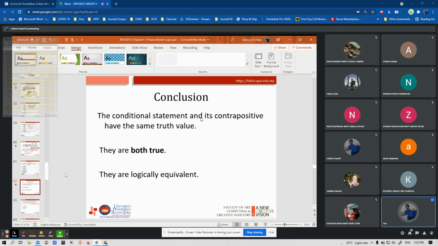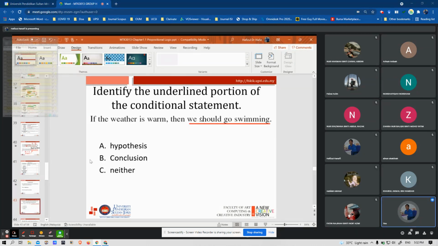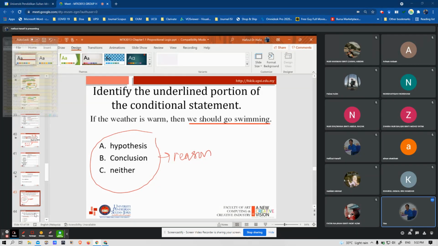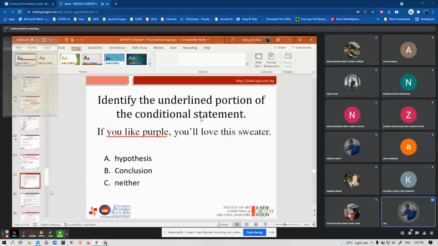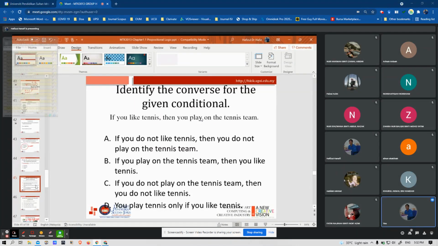Same goes here: underline the portion of the conditional statement. If the weather is warm, then we should go swimming. Please do either A, B, or C, and then give the reason. Same goes for identifying the underlined portion and the converse. This one is not meant for the assignment, just for your own practice.